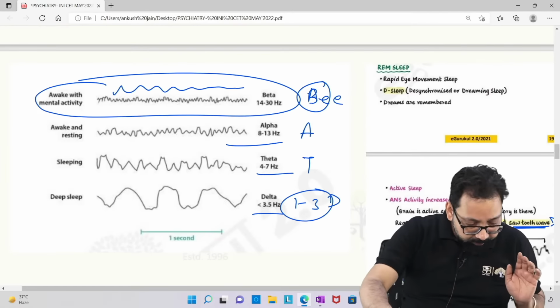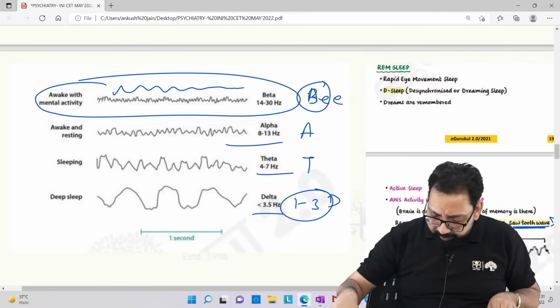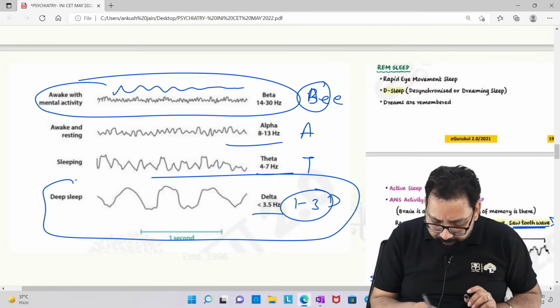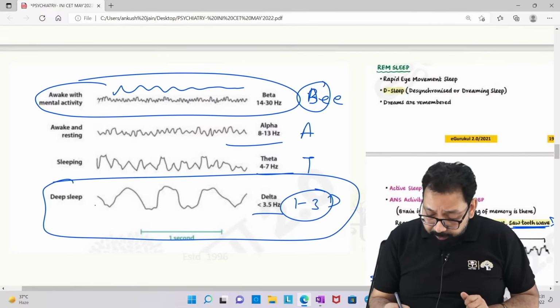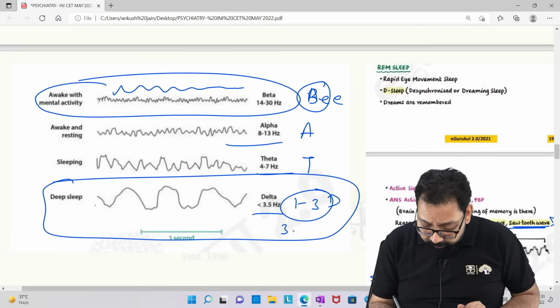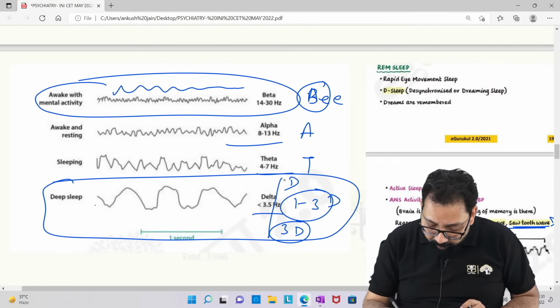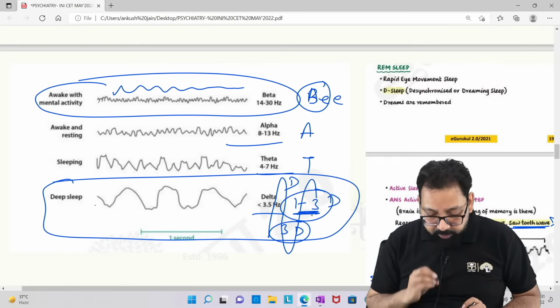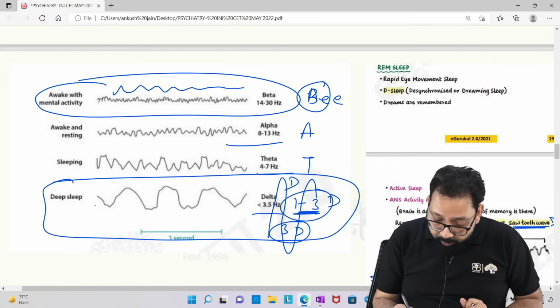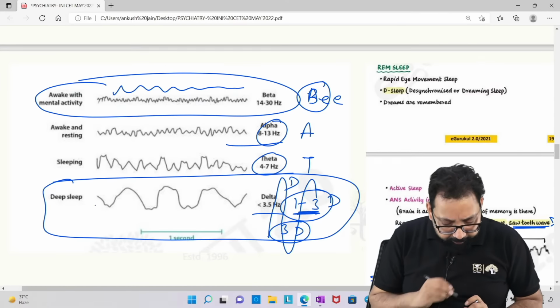Delta is DDD, 3D. I usually say 3D. So delta, 3D: high amplitude and 1 to 3 hertz. And between these two, alpha and theta are there.